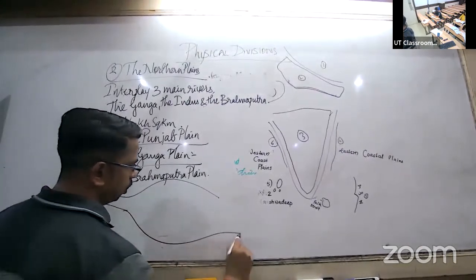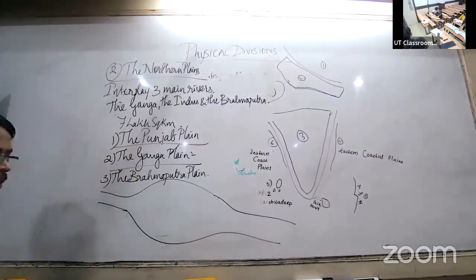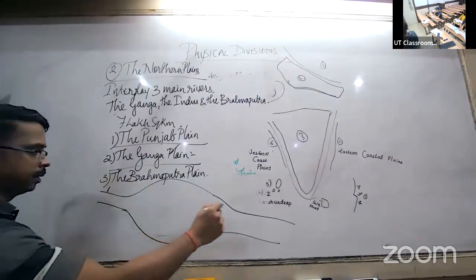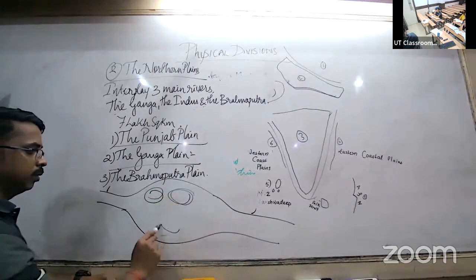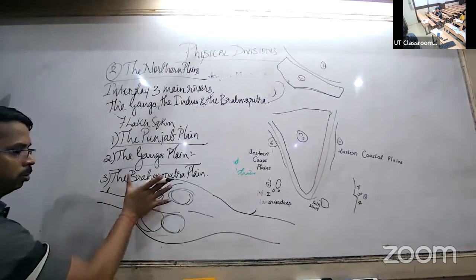These are the start and end points, but due to heavy deposits, the water tends to bulge.